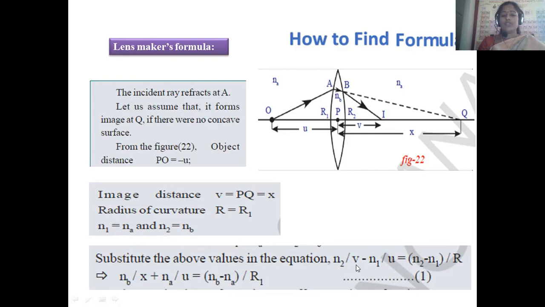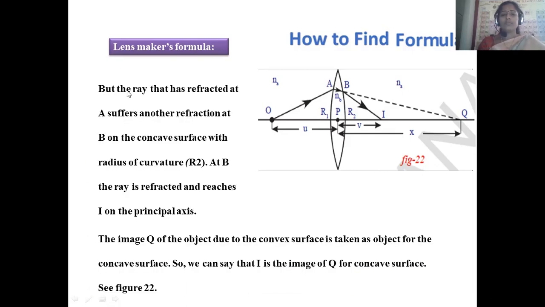Here a negative sign is there, and this u is also with a negative sign, so negative will become positive. Nb by x plus Na by u is equal to Nb minus Na by R1. So n2 minus n1 by R is substituted by Nb minus Na by R1. This is the equation called equation number 1.